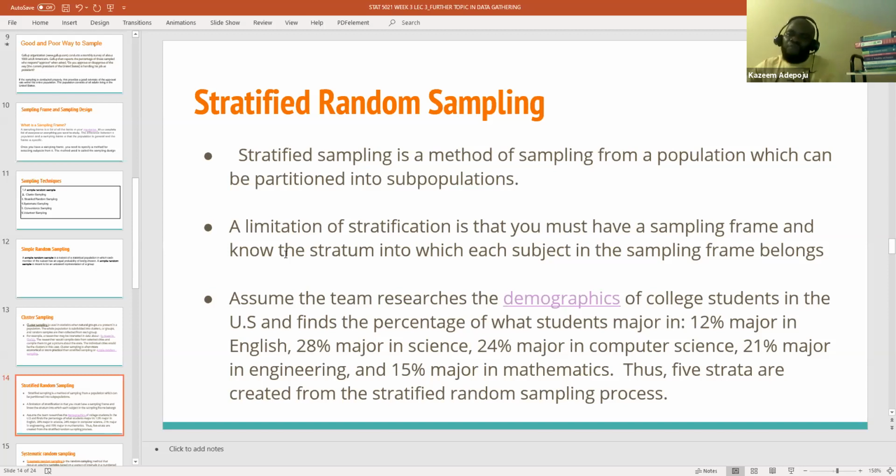Now, if you stratify the population of students in the college into engineering, mathematics, computer science, science, and English, why are you doing that? Because you want all the disciplines to be represented.